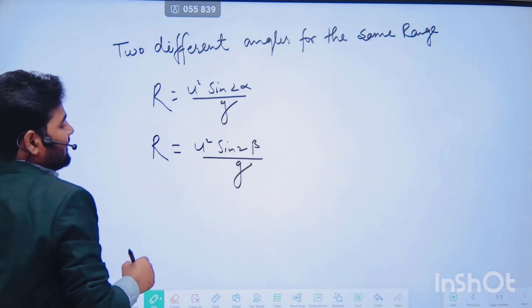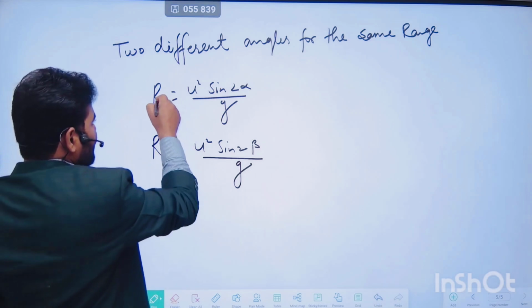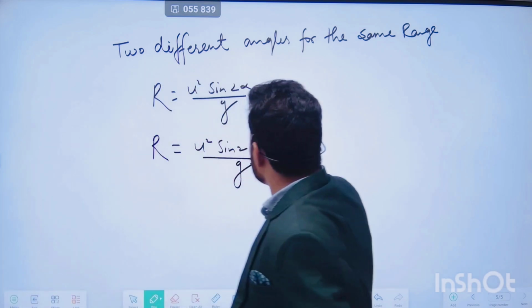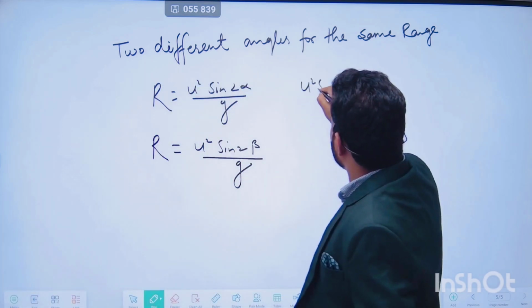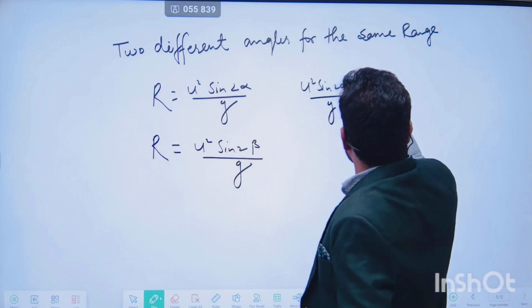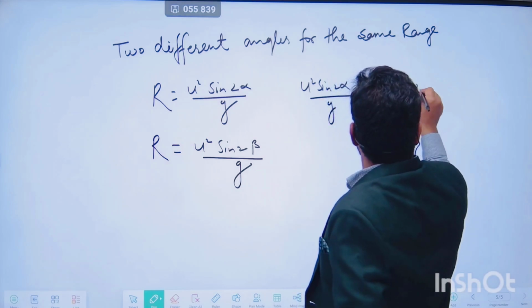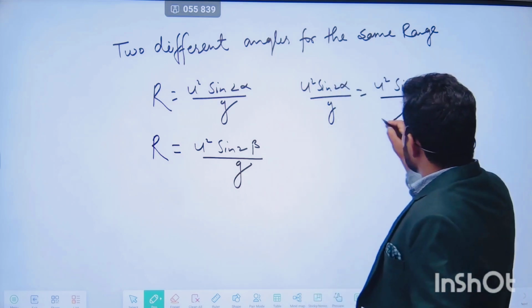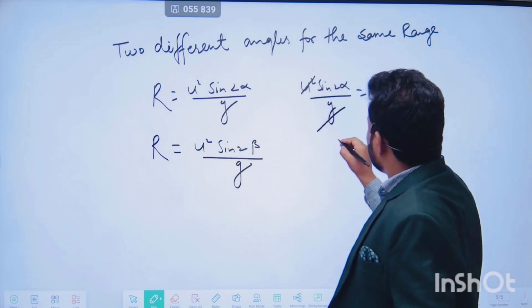In this way, the left hand sides of both these equations are equal, so we can equate these two. We'll get u square sine 2 alpha by g is equal to u square sine 2 beta by g. On solving these two, we'll get the different angles.